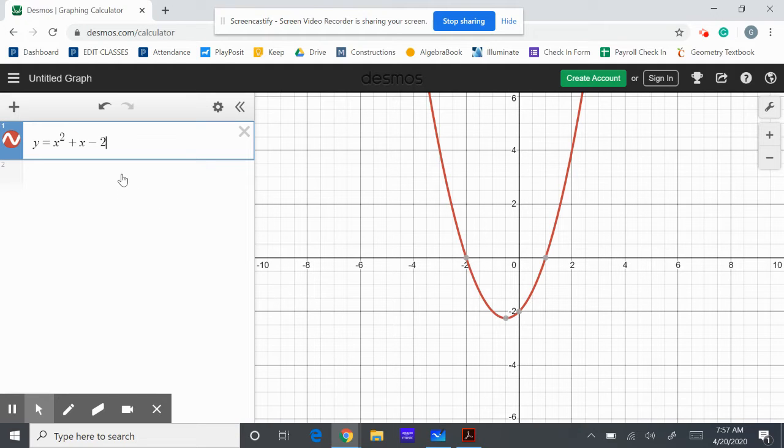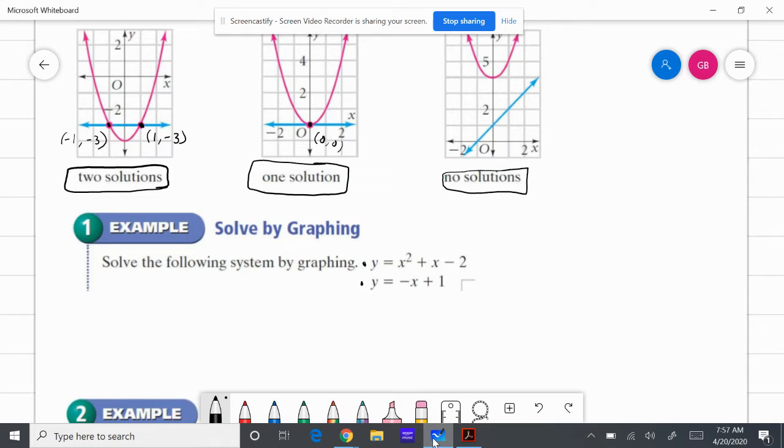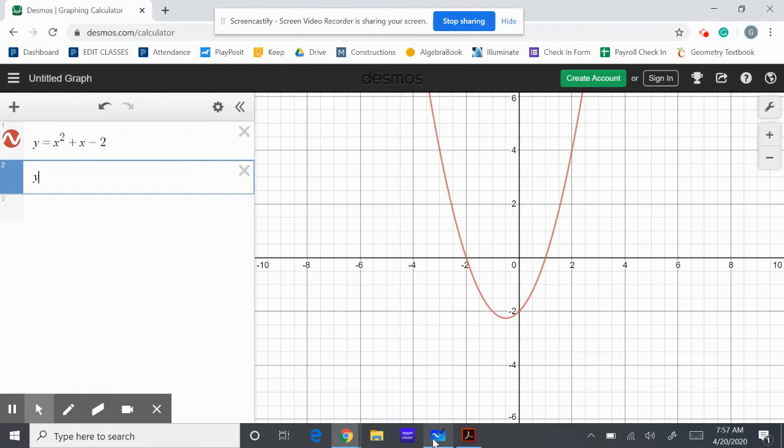That's the quadratic. And then the linear function is y equals negative x plus 1. There you go. And here you could see where they intercept at negative 3, 4 and 1, 0.